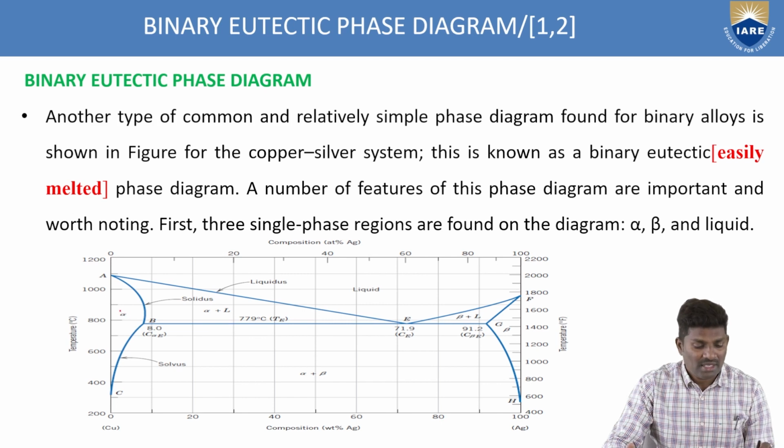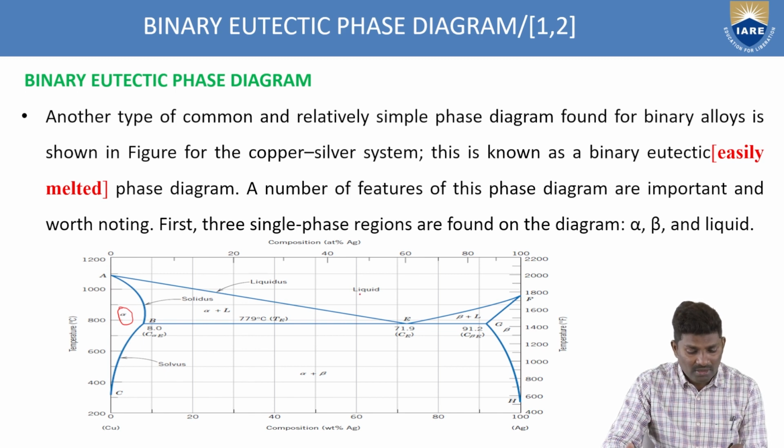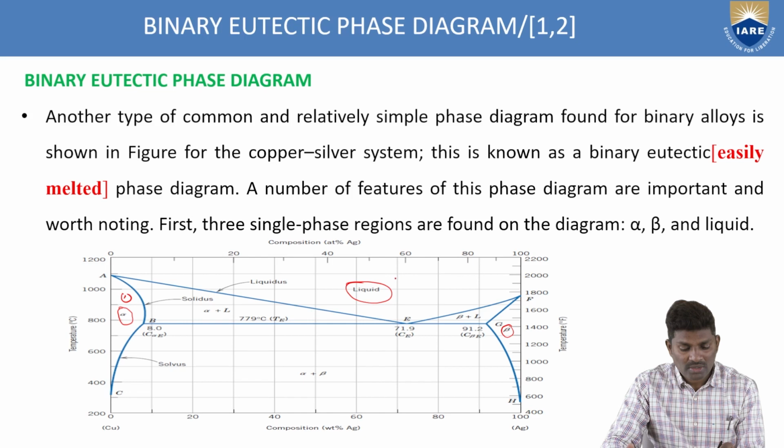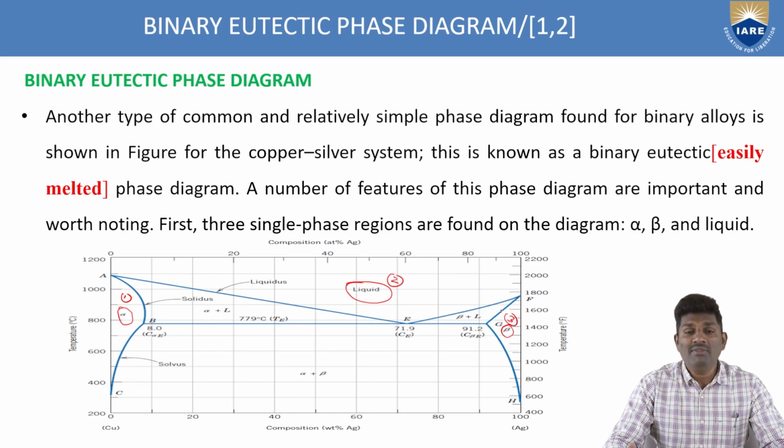We can see clearly the alpha region, the beta region here, and also the liquid. So how many are we having? 1, 2 and 3. In total we have 3 single phase regions available in this eutectic system.